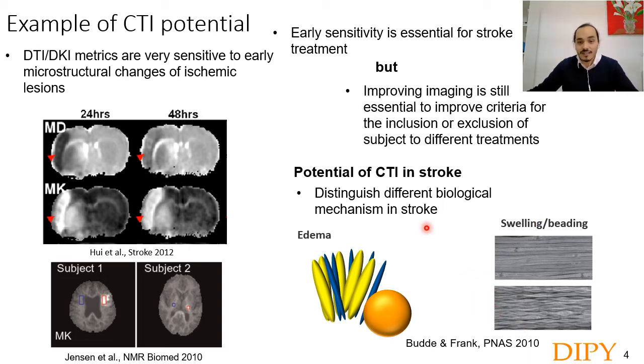These two mechanisms will be targeted by different kurtosis sources. The presence of edema will lead to an increase of K iso, while an increase of beading will lead to an increase of microscopic kurtosis. Note that this microscopic kurtosis can only be measured accurately by CTI and not by other key trajectory imaging techniques.